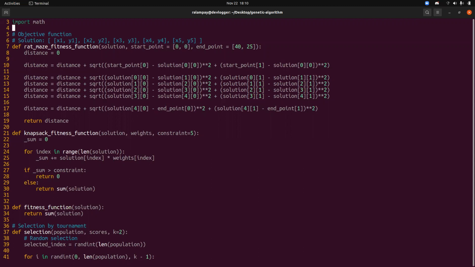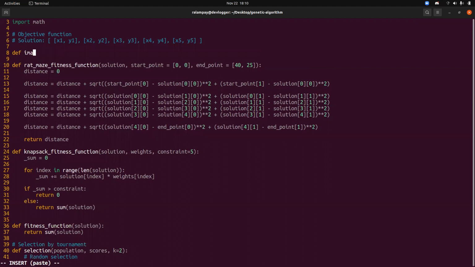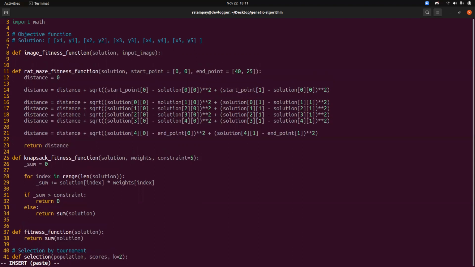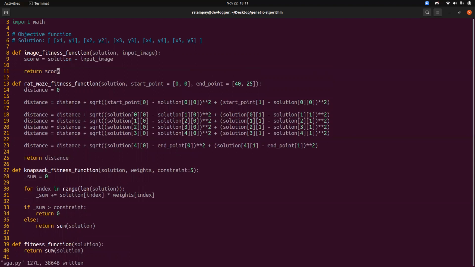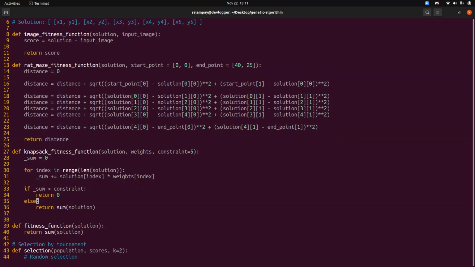So your function might look something like def image fitness function will be your solution plus the ideal picture or the input image. Okay? And then your score will be the distance between solution minus input image. It can be something like that. Then return score. Okay? Whatever that distance formula is for two values. And then you supply the constraints similar to what we did with the knapsack fitness function.